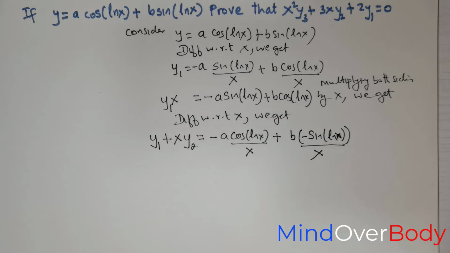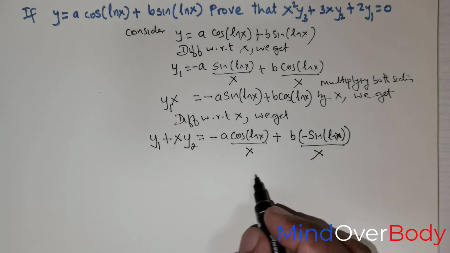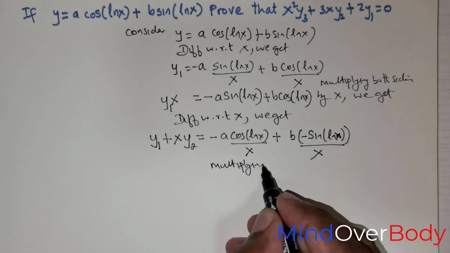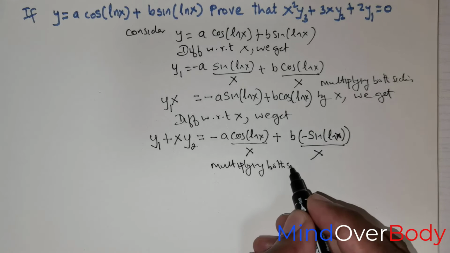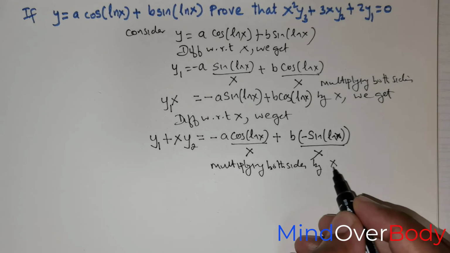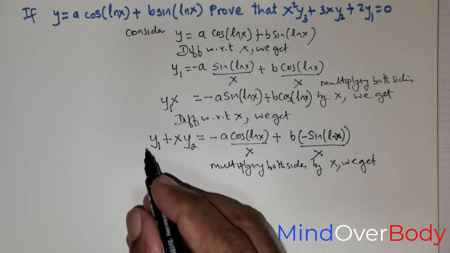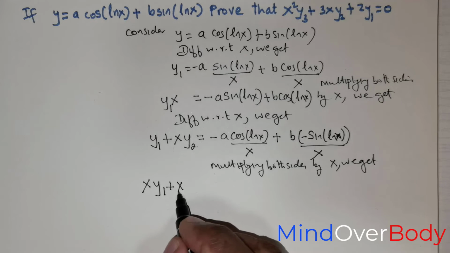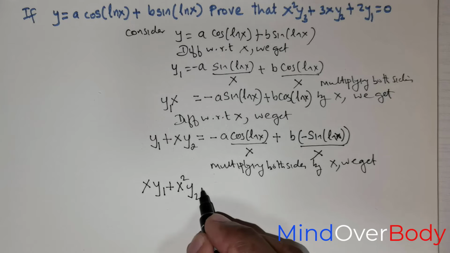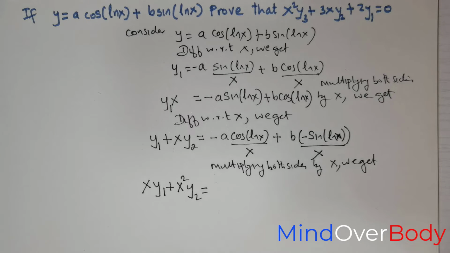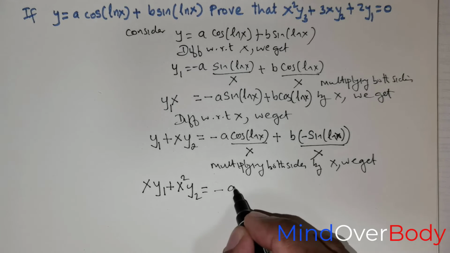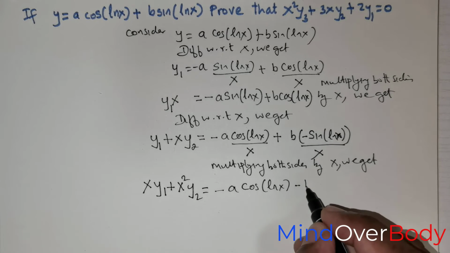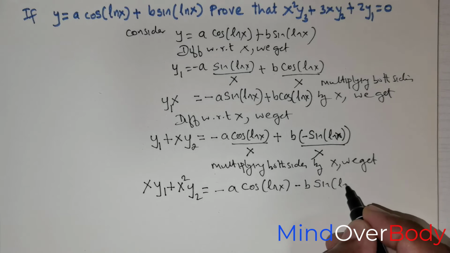So we have got a similar situation with x in the denominator, so I would be multiplying both sides by x, so we get, so this is going to be x times y1 positive x squared times y2 is equal to negative a times cos of ln x negative b times sine of ln x.